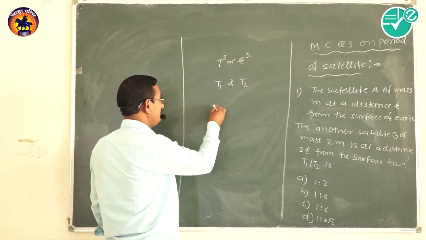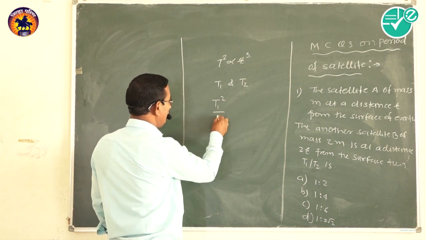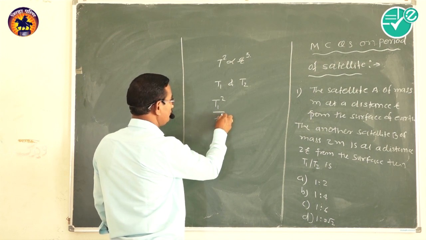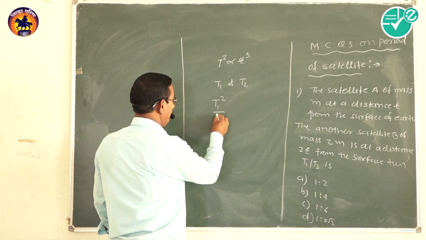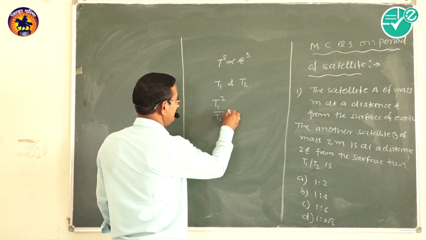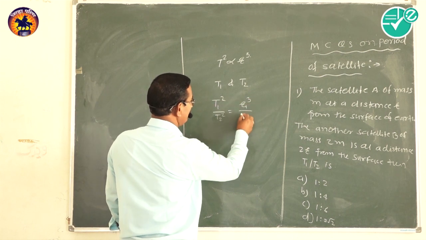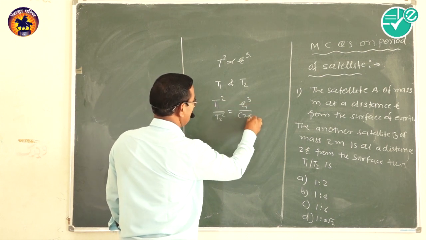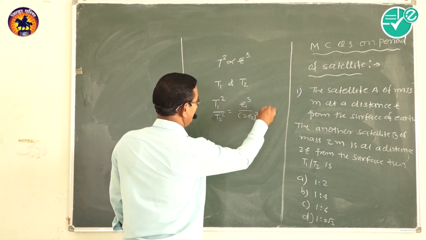Then the ratio is T1 square upon T2 square is equal to R1 cube upon R2 cube, where R2 is twice R1.